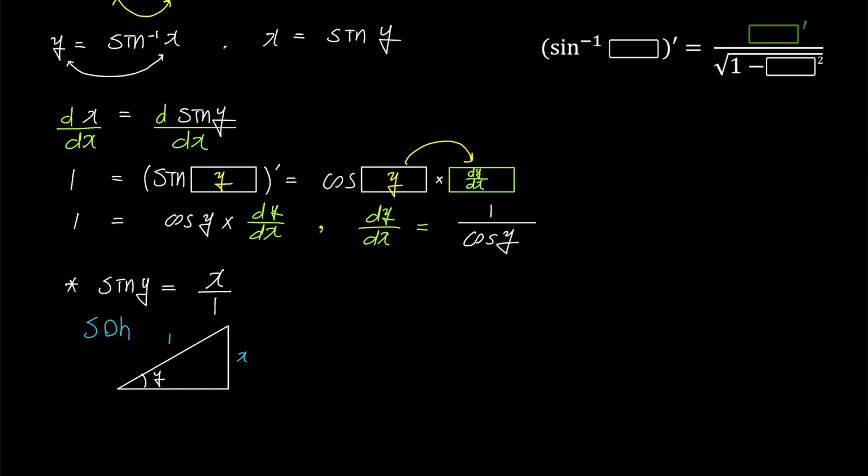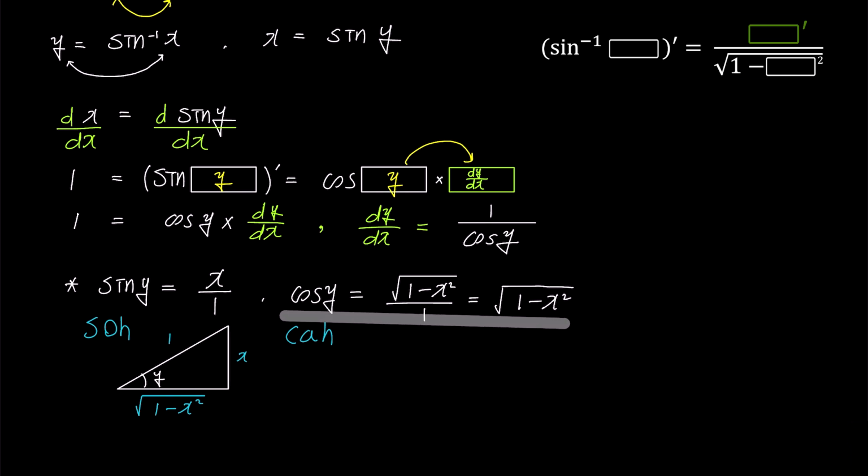Applying the Pythagorean theorem, we can find the length of the remaining side of the triangle as square root 1 minus x squared. Let's determine the value of cosine y by examining the right triangle on the left side. Using the mnemonic cosine is adjacent over hypotenuse, we find that cosine y is square root 1 minus x squared.